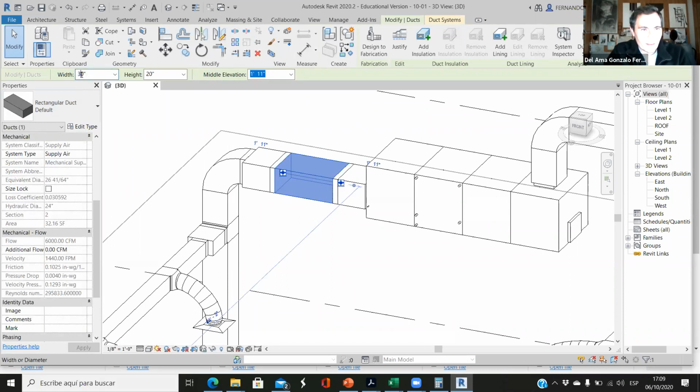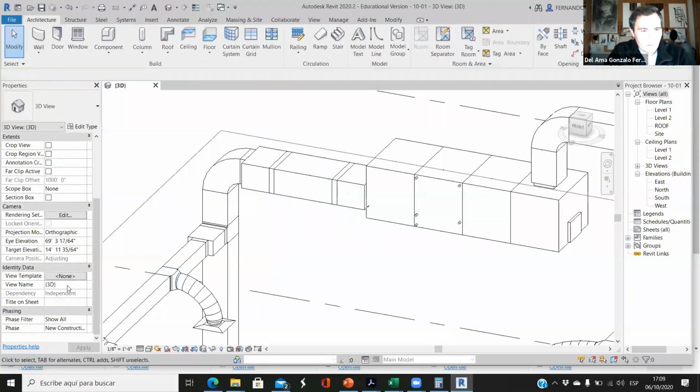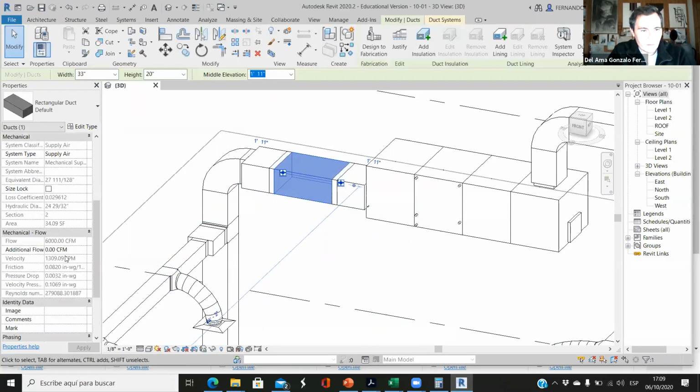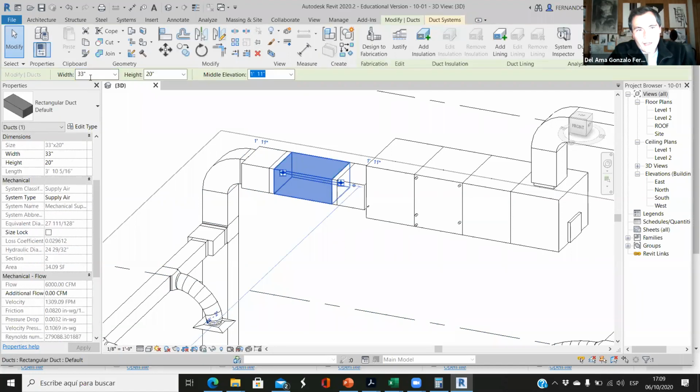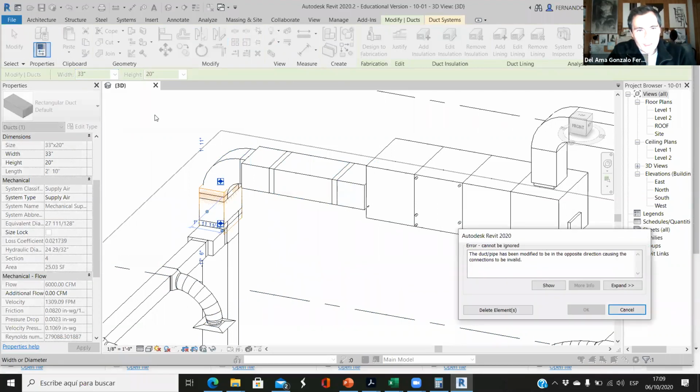Well, I can say, let's say 32, 33. Okay, now it's within the limits. It's 1300 now. And this duct is now 33 by 20. Okay, what about this? Can I make it 33 by 20? No.